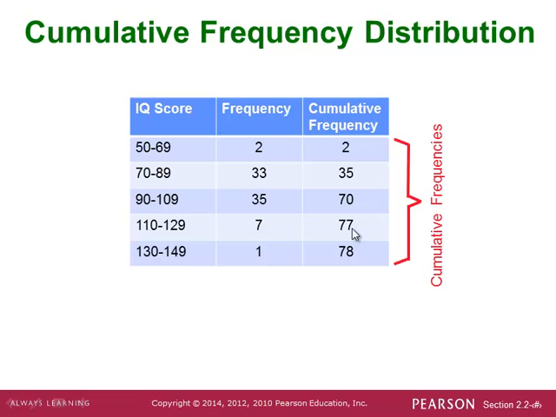This tells you that there were 77 individuals with an IQ less than or equal to 129. Finally, this last entry is 78, which should match the total number of individuals in the data set. There were 78 individuals with an IQ score of 149 or less.